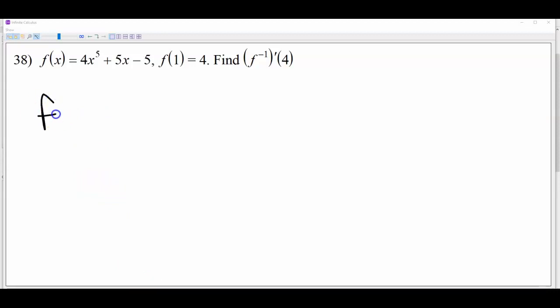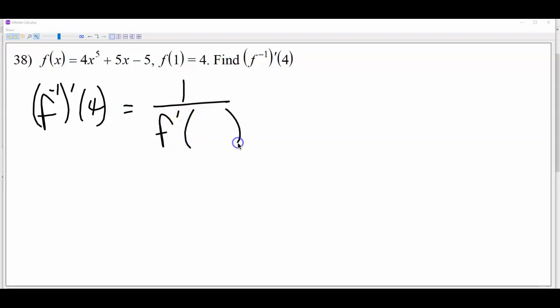So the derivative of an inverse function is given by 1 over the original function's derivative, f prime of the inverse at whatever x value they're asking for. Okay, so that's going to be the first thing.